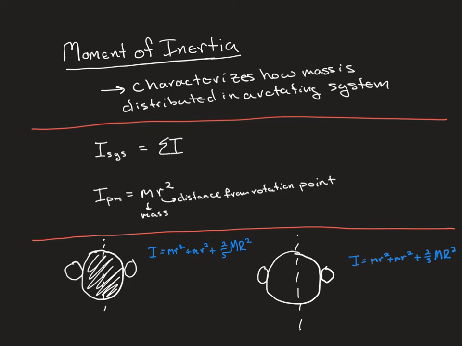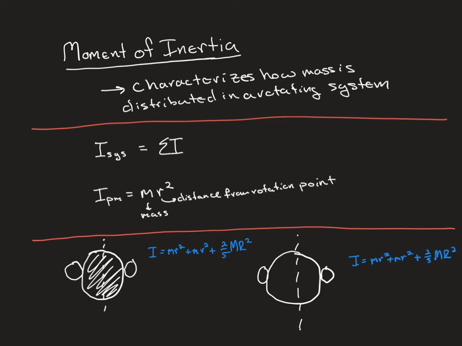Now over in our moment of inertia equations for point masses, the r value, which is the distance from the rotation point, also happens to be the radius of the sphere in this case because the rotation point's at the center of the sphere and they're along sort of like the equator of the sphere. So the distance between these two would be the radius of the sphere. But that's just a coincidence in this case.